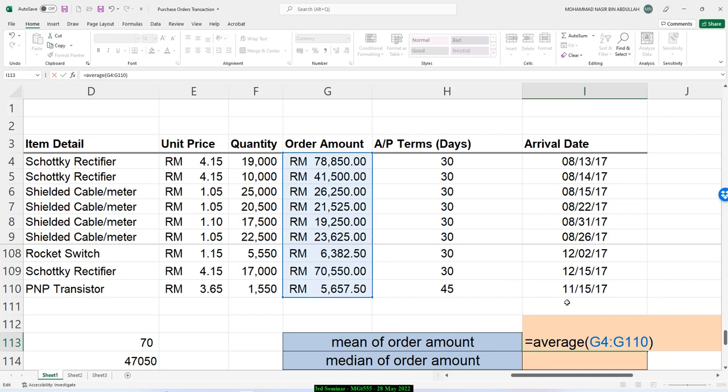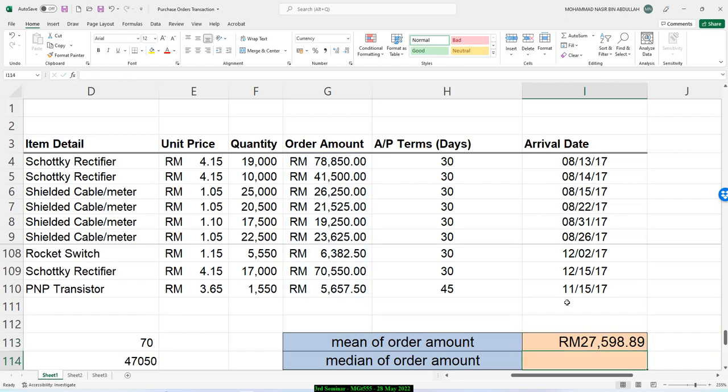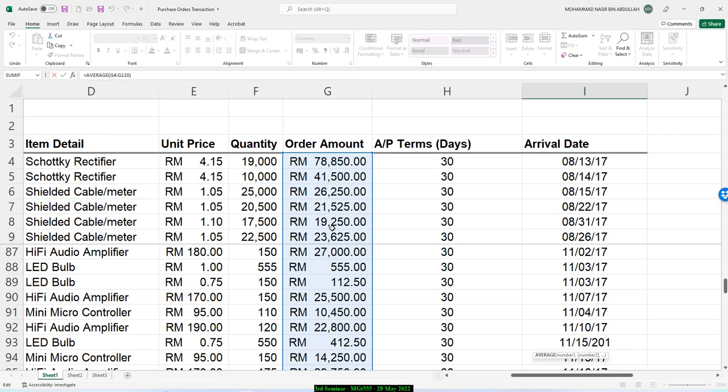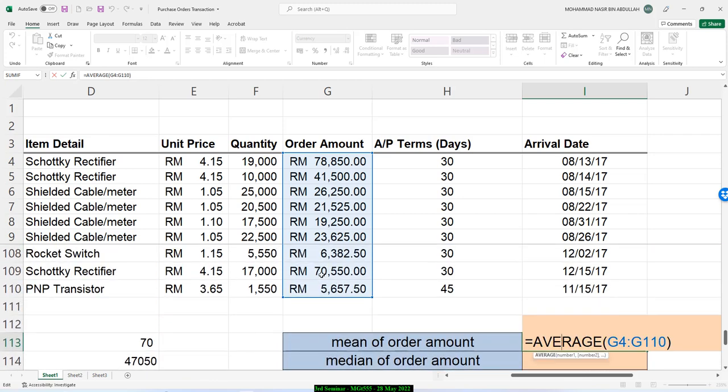So this is the conventional method. Later I will show you using the Analysis ToolPak method. You just press enter and you will get the average order amount. The formula is AVERAGE G4 to G110. You just select from G110 to G4, and you will get that.